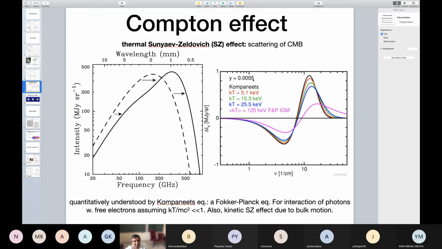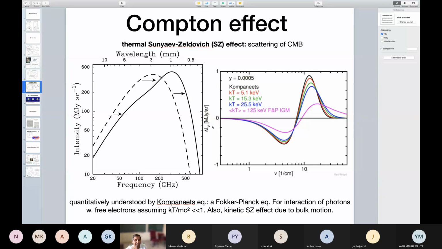So Compton Y is much less than 1. So this spectrum is not Comptonized in the sense that the spectrum does not change much from the incident spectrum, but we are still able to measure it because we can measure very small changes in the brightness temperature of the CMB.